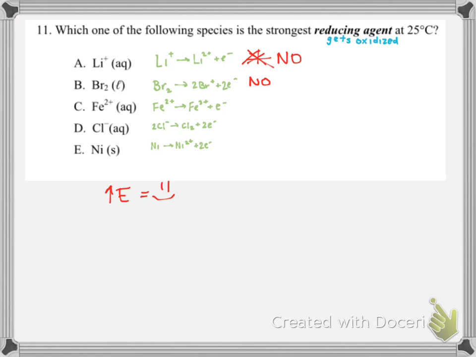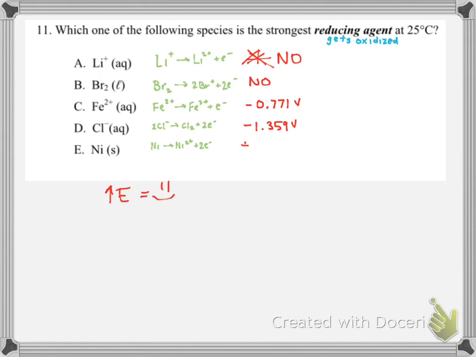The bottom 3 all will happen, and you can find them on the data sheet and look at their standard potentials. And because I'm writing them for oxidation, I'm going to flip the signs. For the iron, negative 0.771 volts. For the chlorine, we'll have negative 1.359 volts.